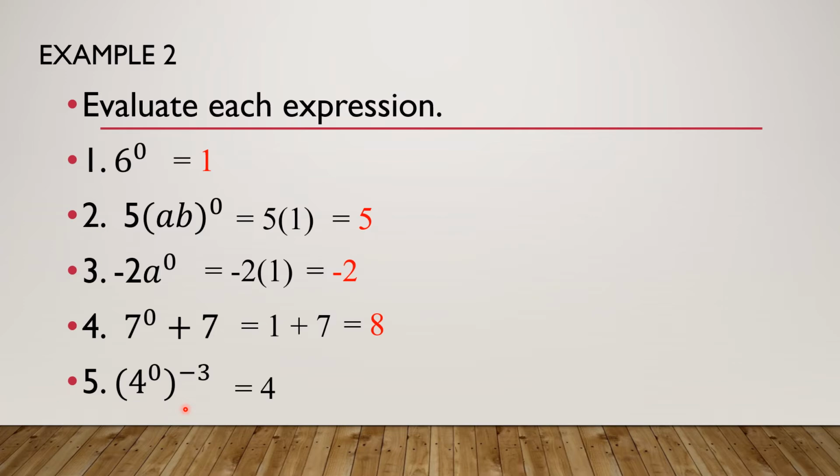So you're just going to copy the base. Then, you're going to multiply the exponent. So pag multiply nyo lamang po exponent na ito, negative 3 times 0 is equal to 0. So what is now 4 raised to 0? Any number raised to 0 is equal to 1.